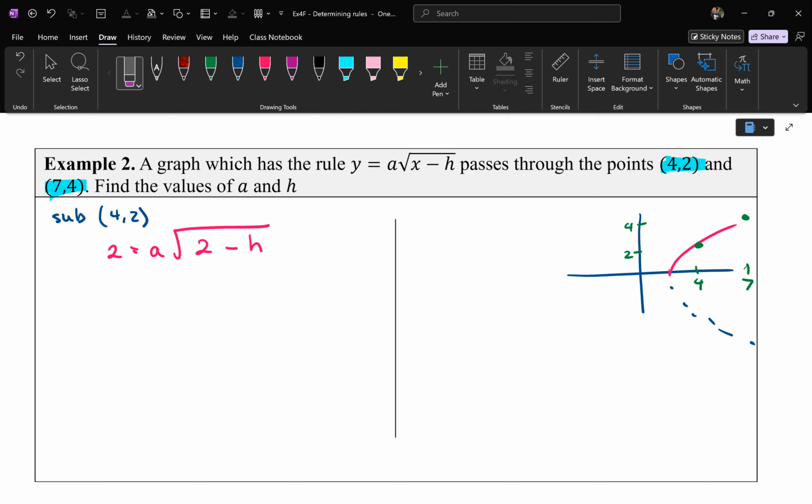Okay, I'm just substituting them in. That's my equation 1. Equation 2, let's sub in the next one. Sub 7, 4. I would now get 4 is equal to a times the square root of 7 minus h.